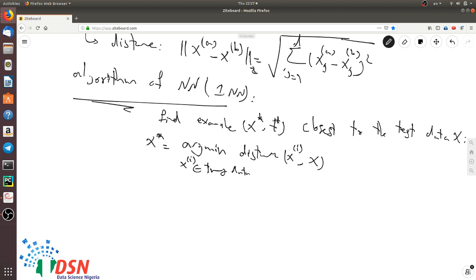For example, it could be X star with class 1 or class 2. Then for the output value of the test data, we return T star, which is the output value of X star.